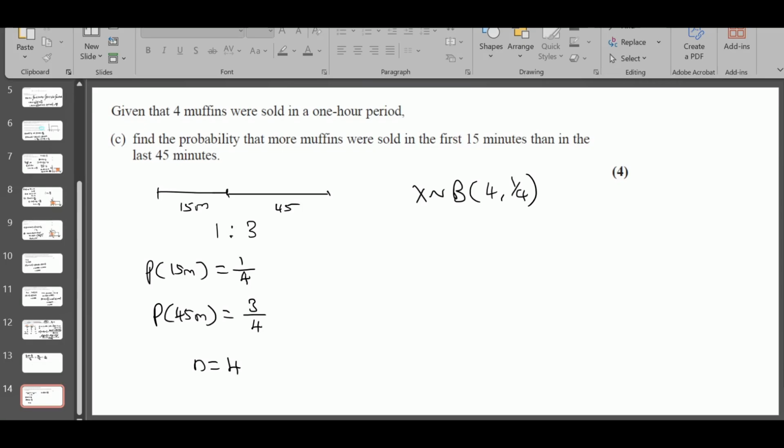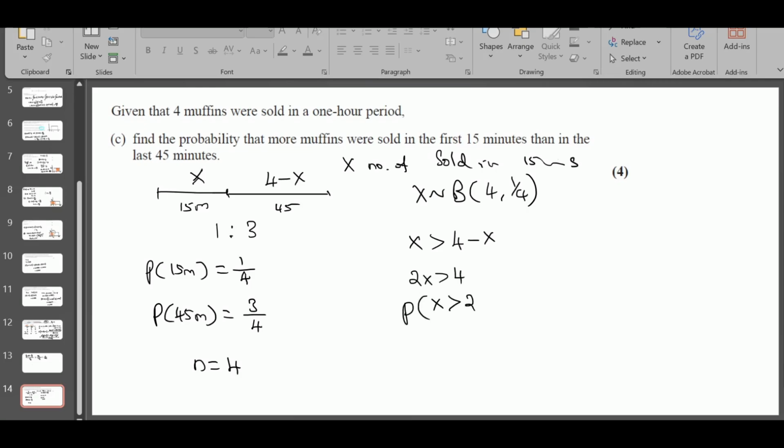So you can write this. X is the number of muffins sold in the first 15 minutes, so the number sold in the next 45 minutes will be 4 minus X, right? So definitely X is greater than 4 minus X. You put it this side, 2X is greater than 4, X is greater than 2.